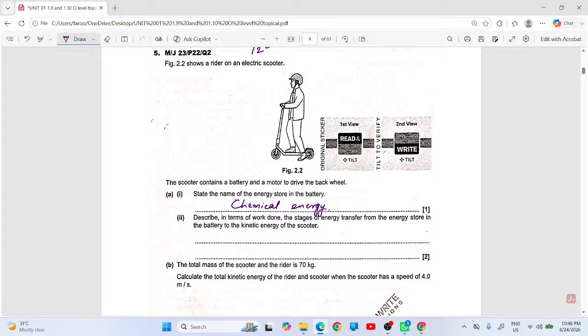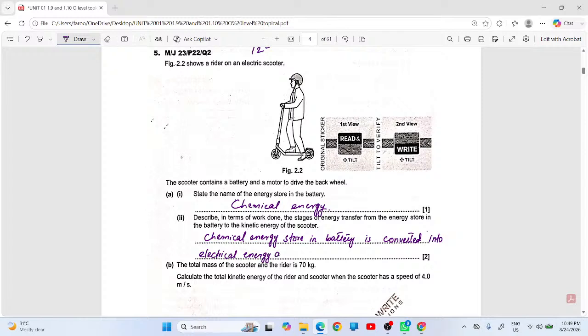तो हम लिखते हैं chemical energy in battery is converted into the electrical energy. ठीक है? सबसे पहले लिखते हैं chemical energy stored in battery is converted into electrical energy.